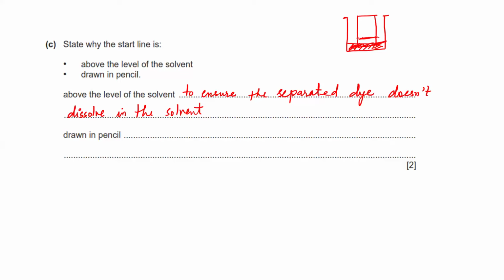But what happens here is that the solvent rises up the chromatography paper, dissolves the dye, takes it along, and rises up. The constituent colors separate based on their mass as they rise, because of capillary action.